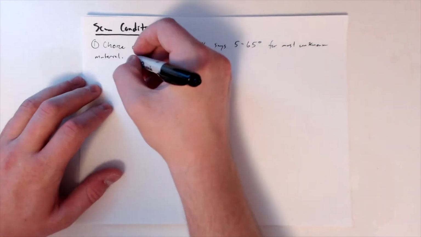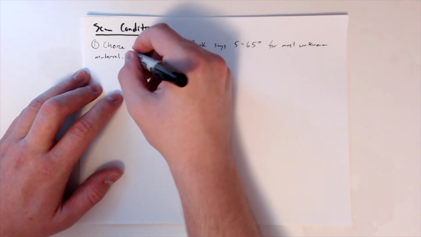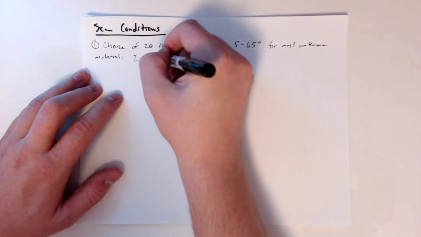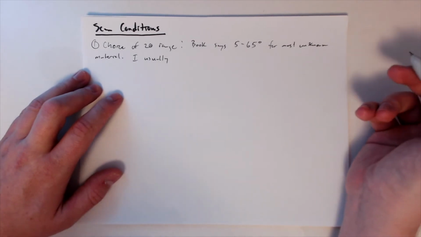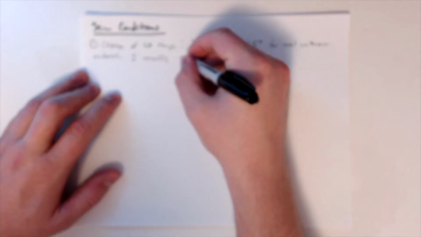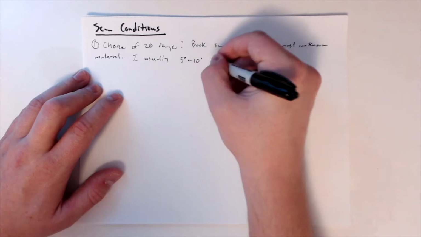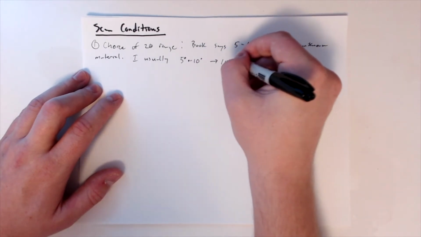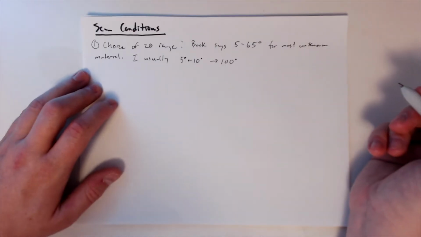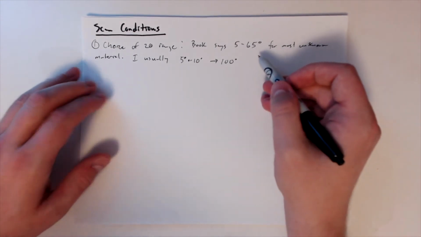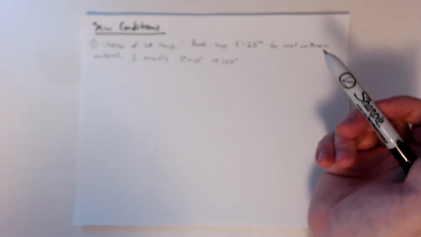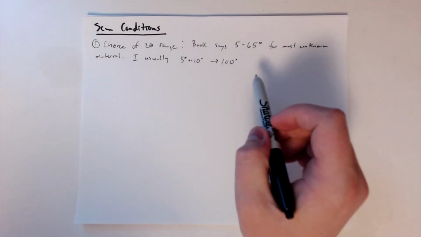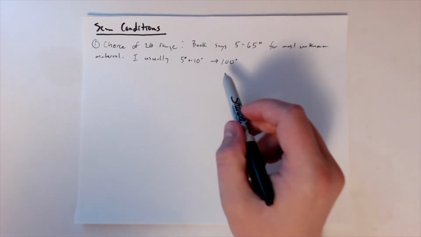What we usually do in the lab is I actually usually try to kind of max out the range. And so I'll usually either go from 5 or 10 degrees up to 100 degrees. So again, it's not always necessary. You get a lot of information up to 65, but if you have the resources, you might as well scan a very wide range.